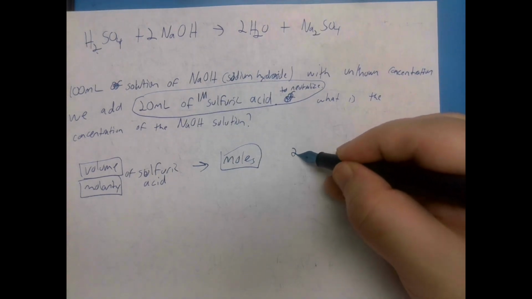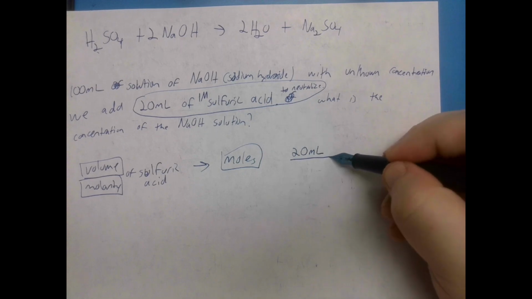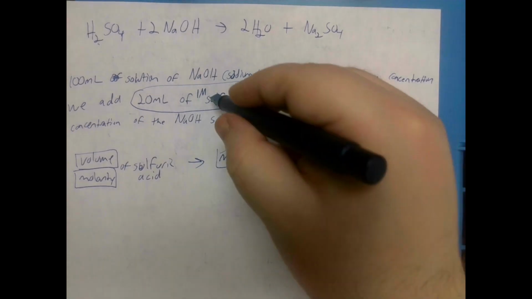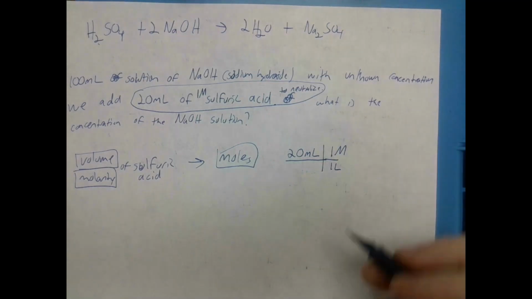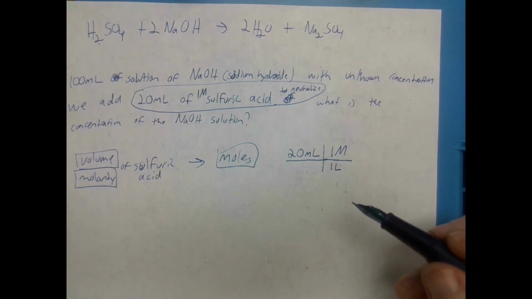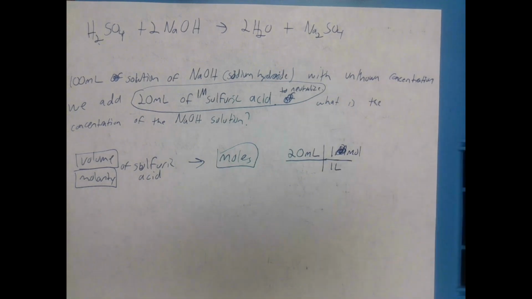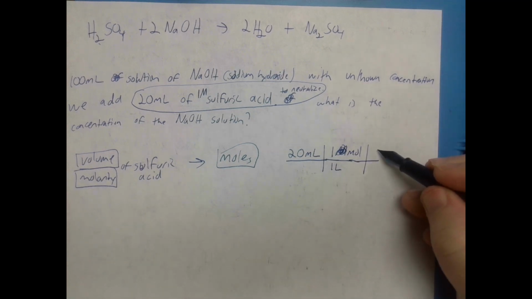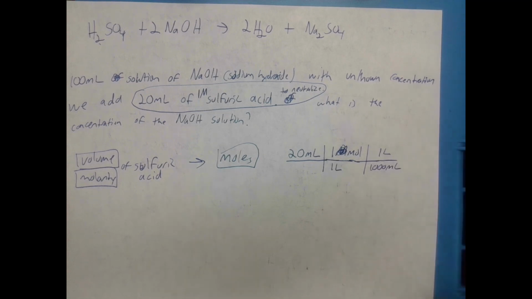So we're given 20 milliliters of sulfuric acid. We know that 1 molar sulfuric acid means 1 mole per 1 liter. And we need to put in the ratio that there is 1 liter per 1,000 milliliters.